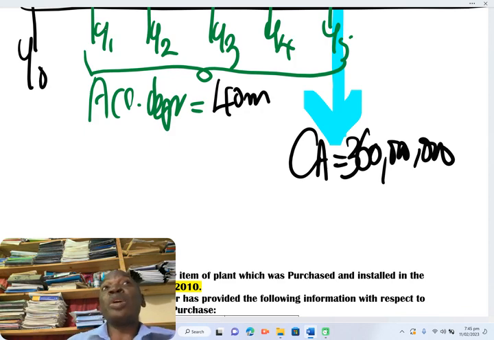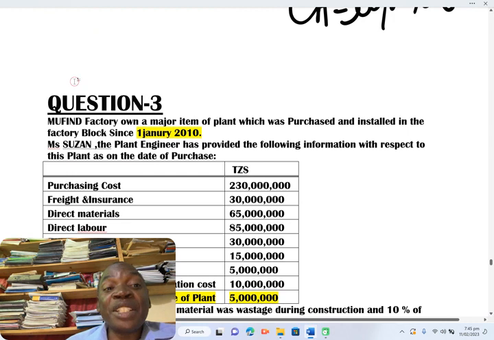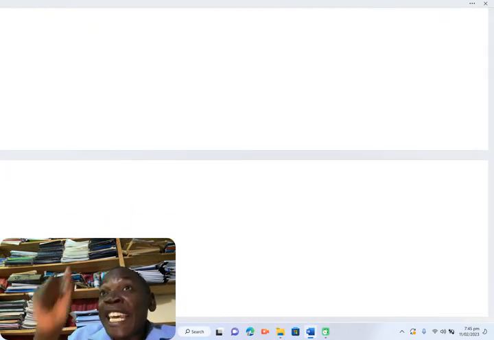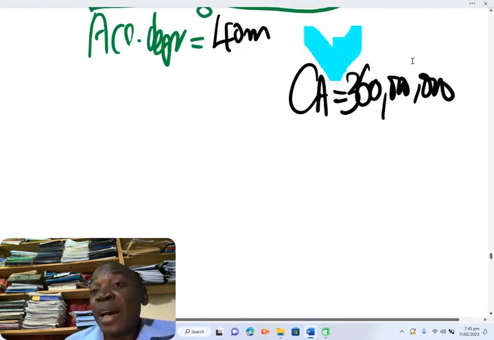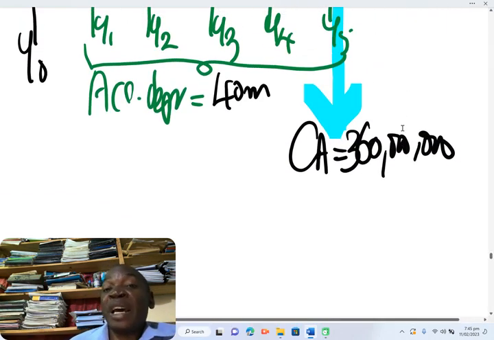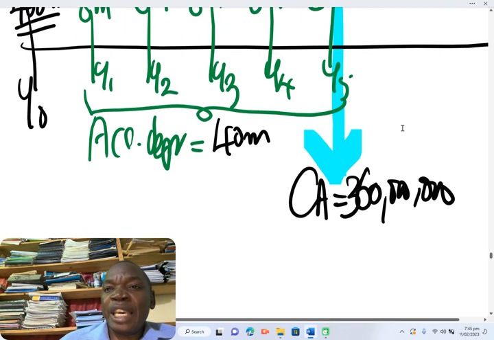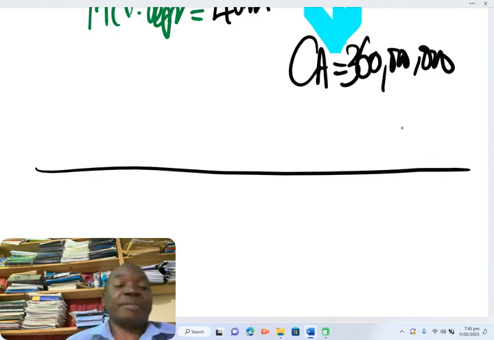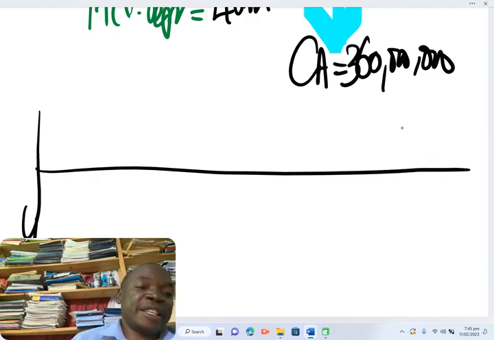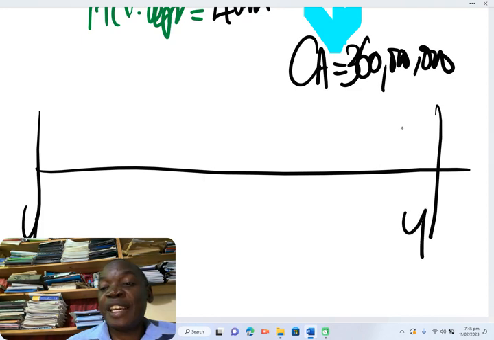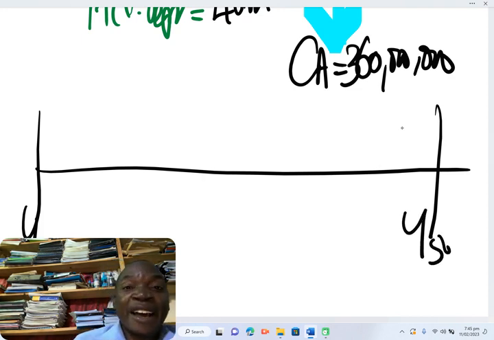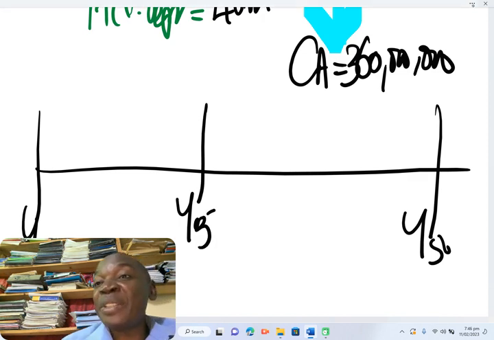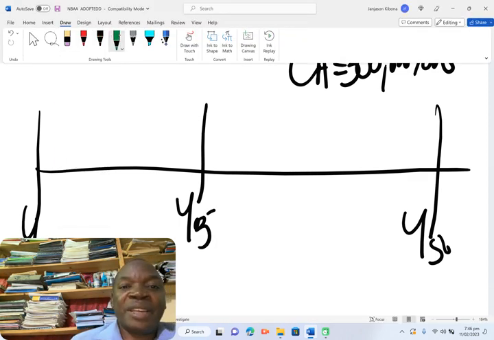So if we want to revise a life, its application is prospectively, meaning you apply it prospectively from the date of revision. So what you do here is now to change from there. Therefore, as you see here, what's happening in summary is this one here. This is year note, and this is year 50. But in year 5, the carrying amount is how many?